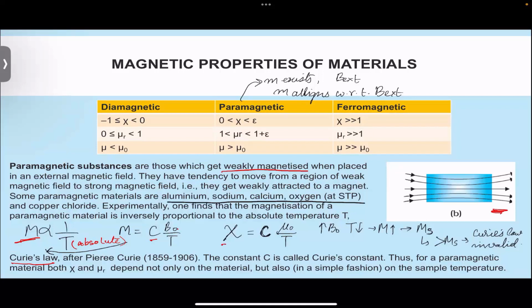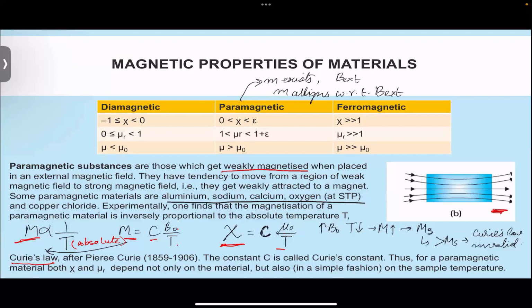Because magnetization is dependent on temperature, your magnetic susceptibility will also be dependent on the absolute temperature. So in place of B0 over there, you put your permeability over here.